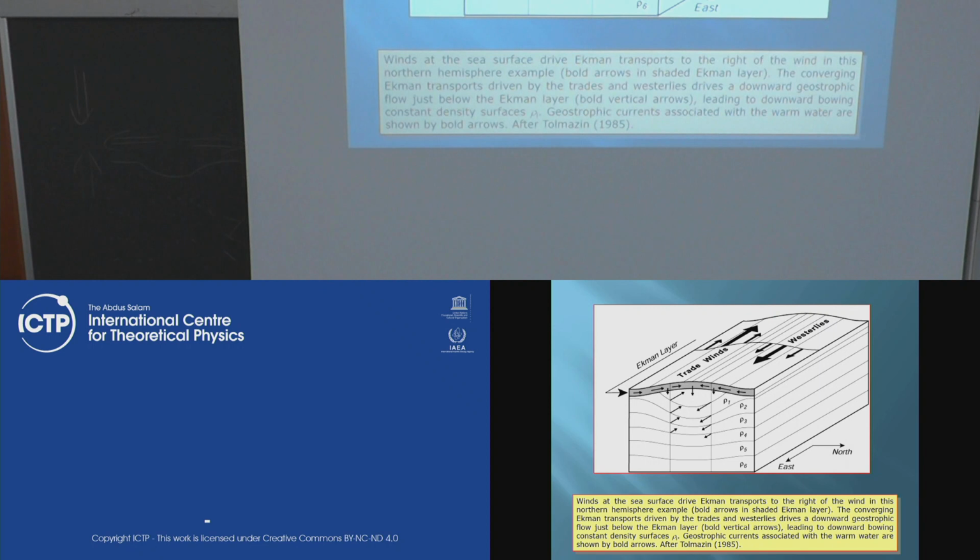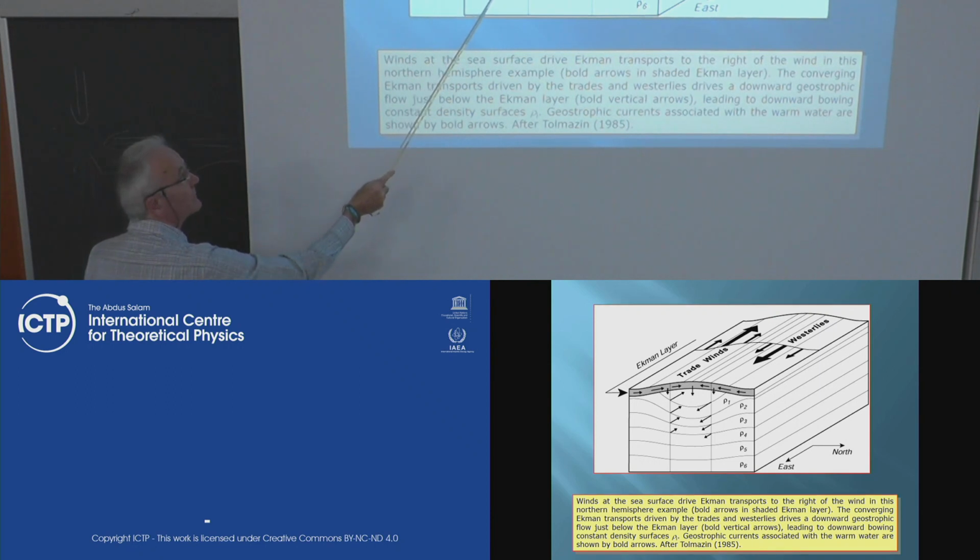No, geostrophic flow is always horizontal. There is no vertical component in the flow. It drives the geostrophic flow in the interior, which by definition is horizontal. It creates the vertical velocity, which is not geostrophic. Whenever you have vertical velocities, the flow is not geostrophic. And you can see that it creates the shear.